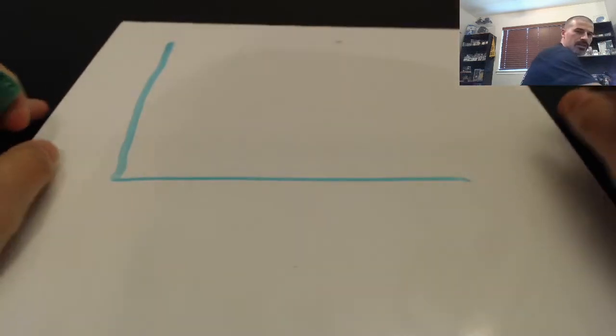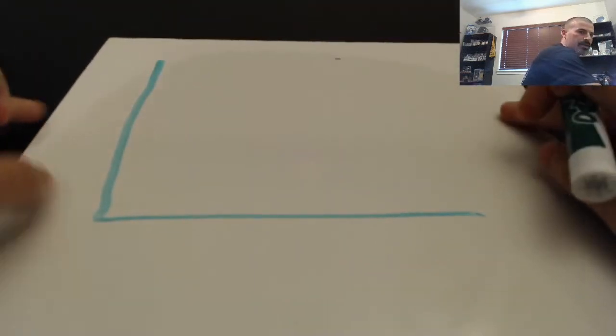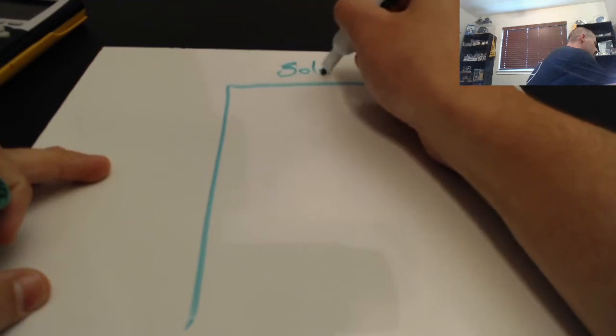All right, so we're talking about a solubility curve of a solid versus that of a gas. So basically a solubility curve is just a line graph, right? Where this side is telling you how much can be dissolved.